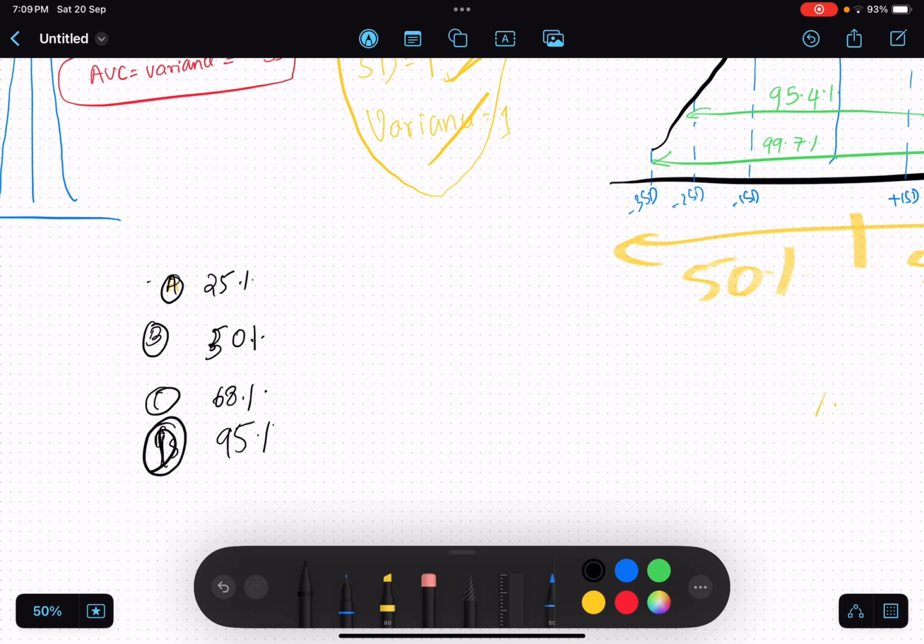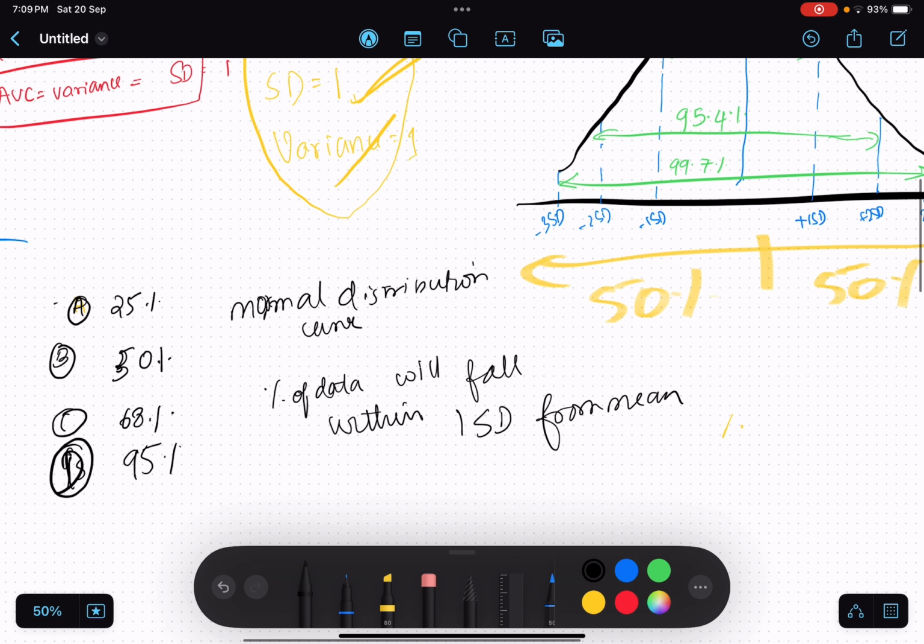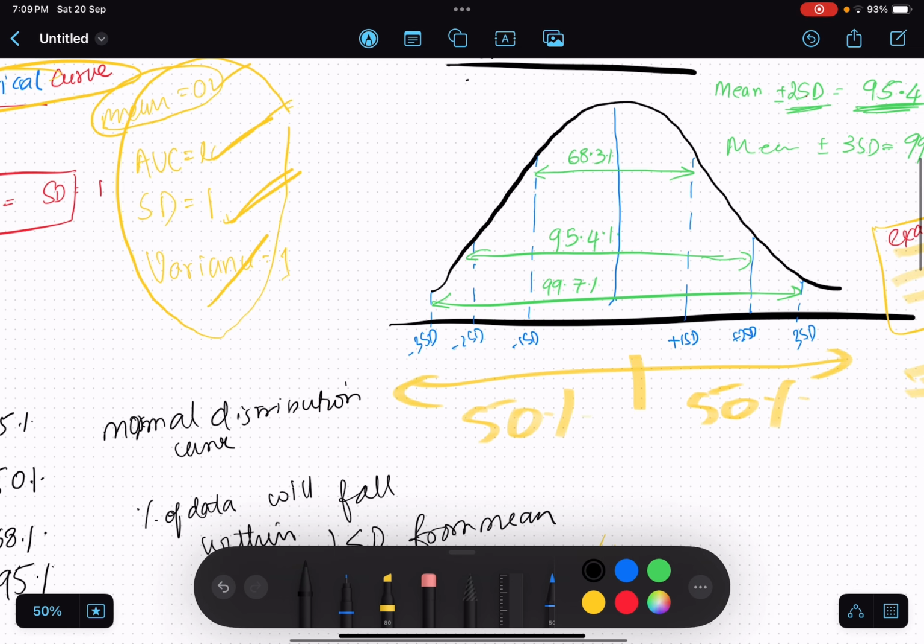The question is, in a normal distribution curve, what percentage of data will fall within one standard deviation from mean? Is it 25%, 50%, 68%, 95%?